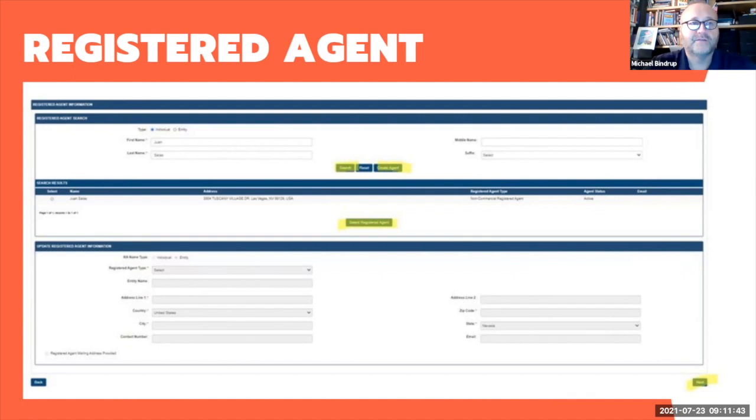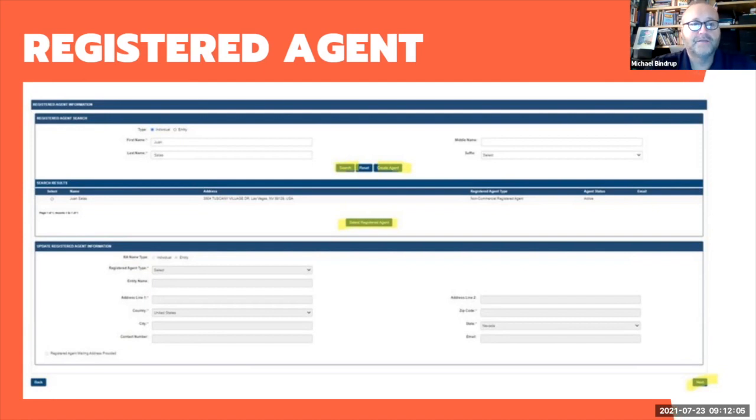Typically, registered agent fees, if you want to pay someone to be your registered agent, you're looking at probably $100 to $400 a year for that option. And all the person does is when they get the lawsuit, they call you on the phone. They say, "Hey, you got sued. I'm putting this in the mail to you," or I'm gonna scan this and email it to you, or whatever.